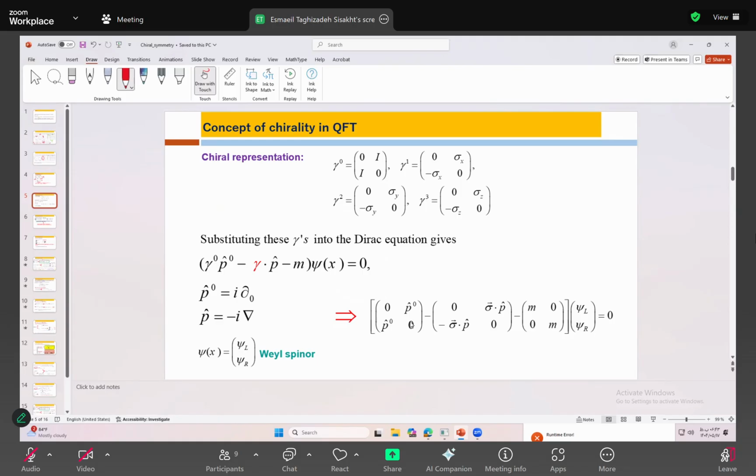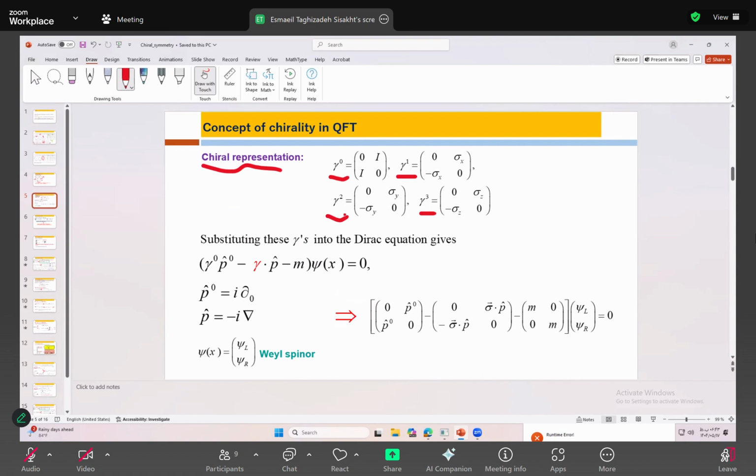A very famous representation is called the chiral representation, and in this representation, the form of these 4 gamma matrices is given by these relations.